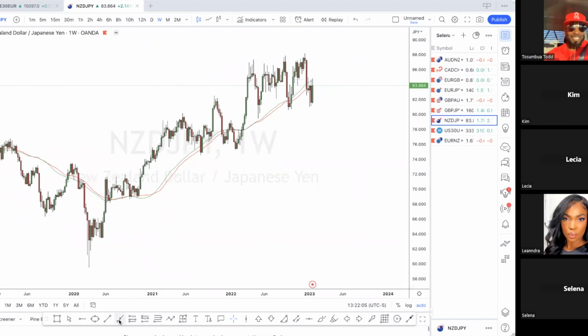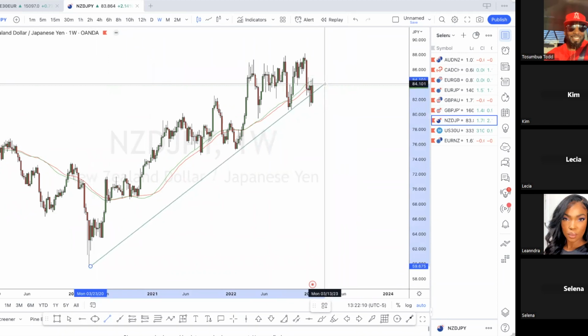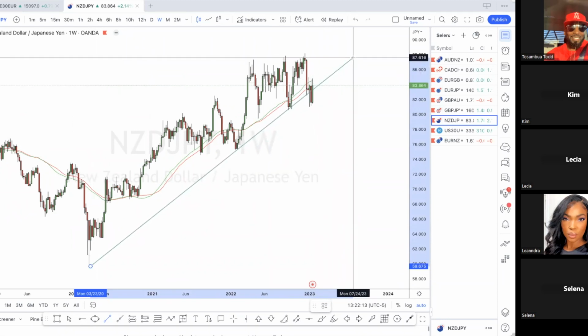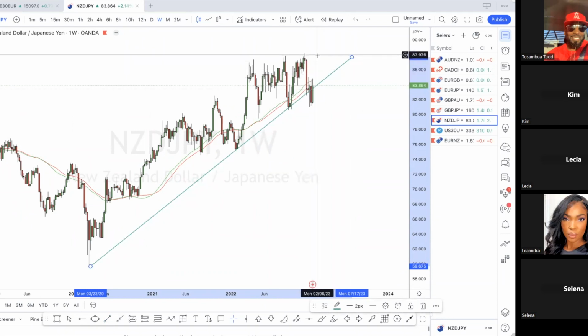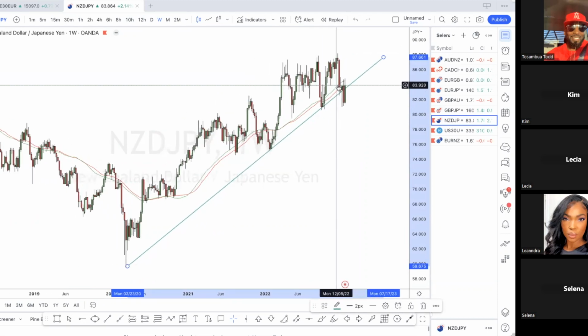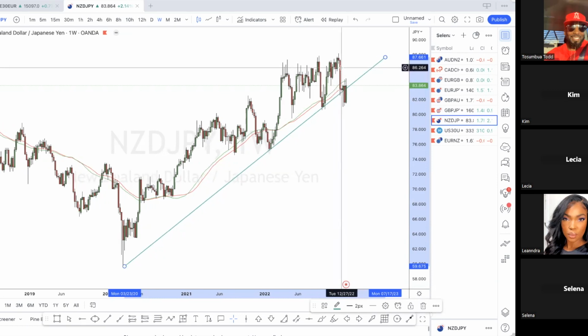NZD JPY, same thing. This was the last touch. Same thing. A pullback. Possibly to buy up to this initial break of structure, and then I think it may continue, start sell down.